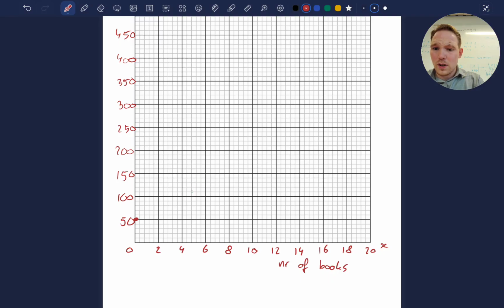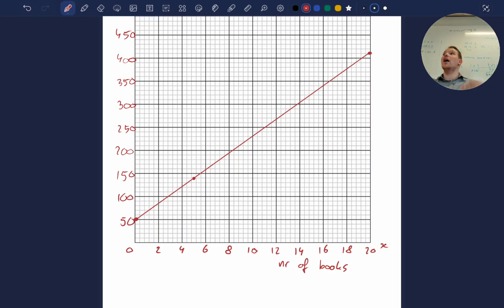So 10, 20, 30, 40. So I put the dot right over there. And then, actually, let's do the 20. We went all the way up to 20, so let's use it. 20 was 410, if I'm not mistaken. So with those 3 points, I should be able to draw a nice straight line.